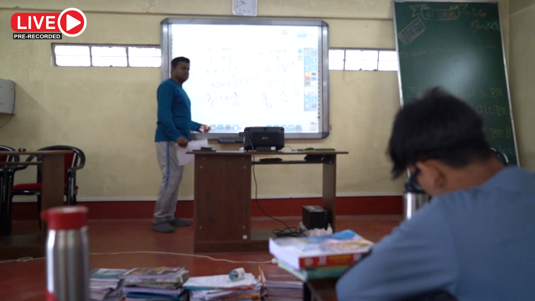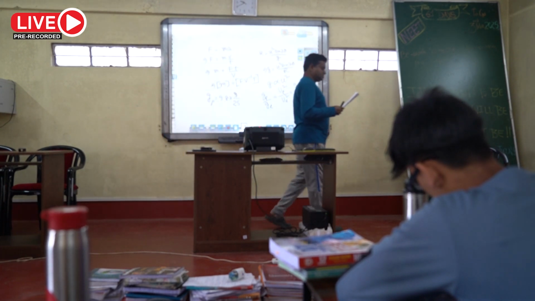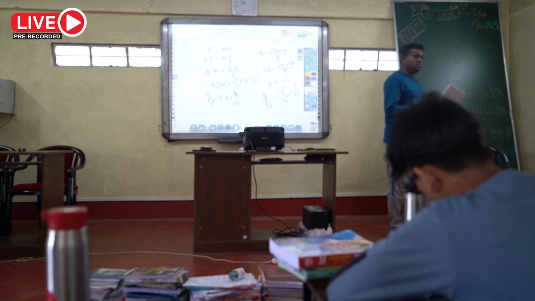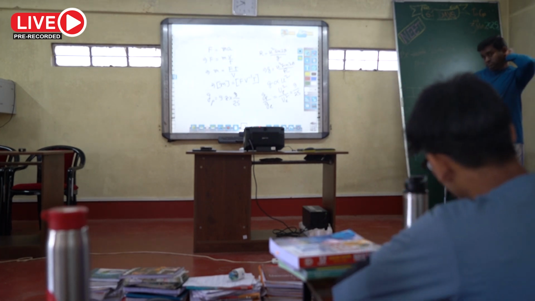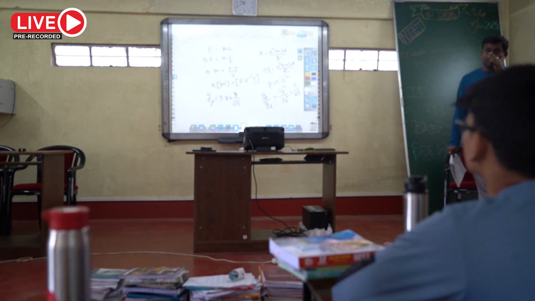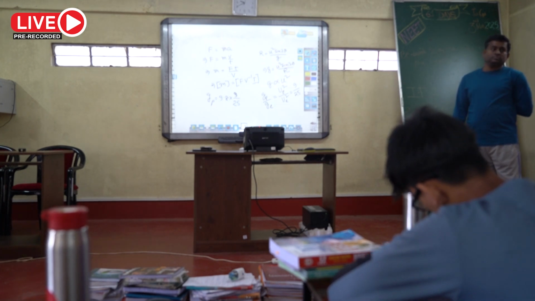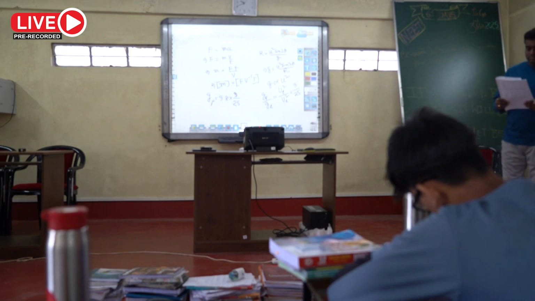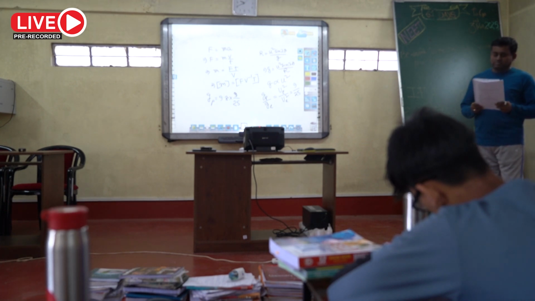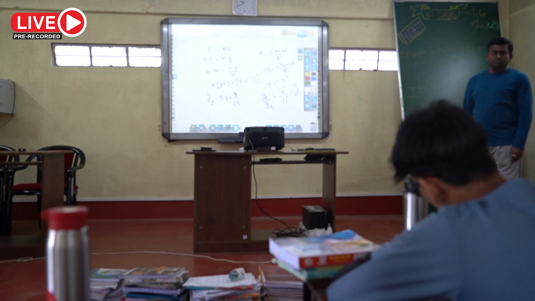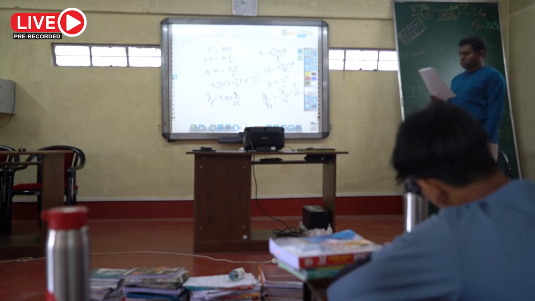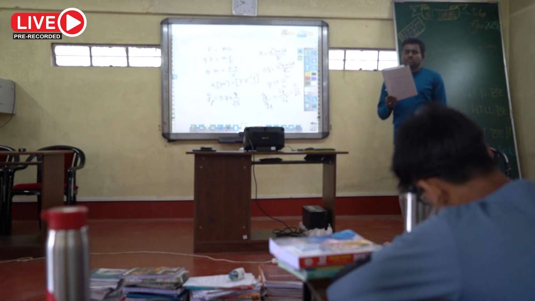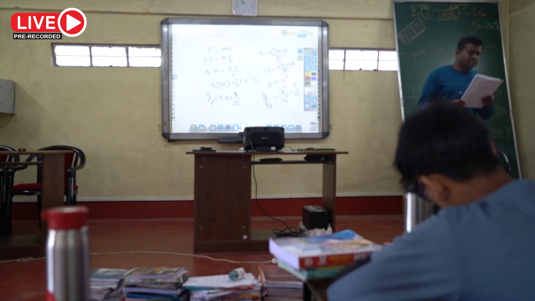Calculate gP. It is slightly greater than 3, that is 3.5.